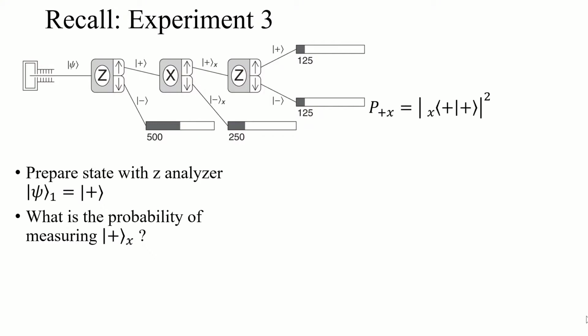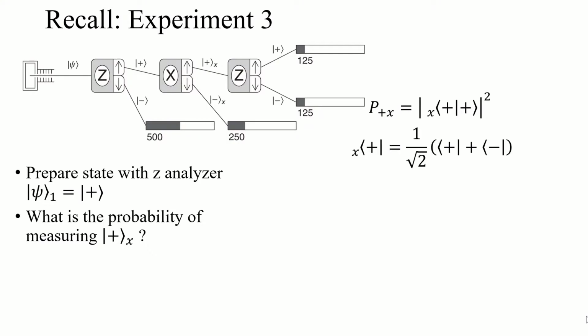And we know from postulate 4 that the probability of measuring a spin up in the X direction is equal to the inner product of the spin up in the X bra with the particle state going into that analyzer, squared.